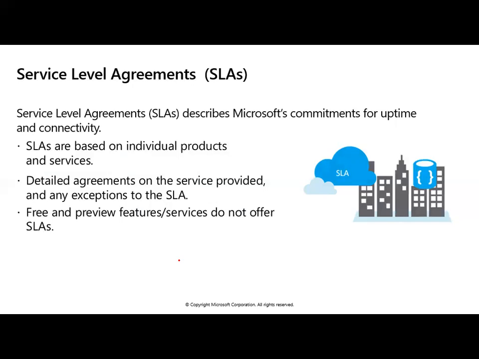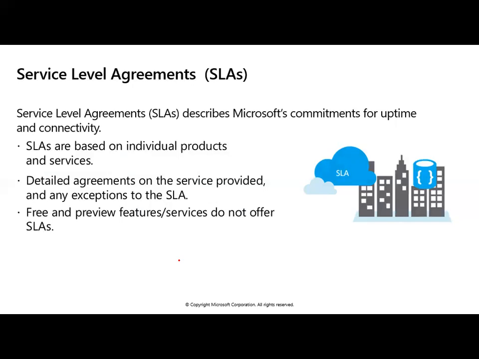Then there are detailed agreements on what kind of service will be provided, what the uptime will be, what the availability will be, how they'll ensure connectivity, and whether there will be any data duplication or disaster recovery backup plans. All of that would be a part of your service level agreements.